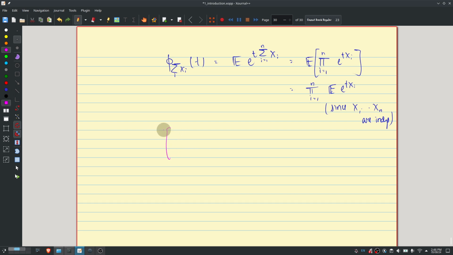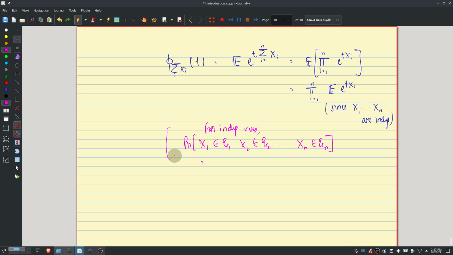So a necessary and sufficient condition for independence is that for any events, let's say E1, E2 up to En, the probability that x1 is in E1, x2 is in E2, up to xn is in En is equal to the product of the probabilities, right?